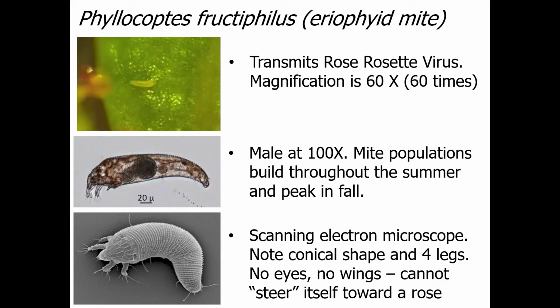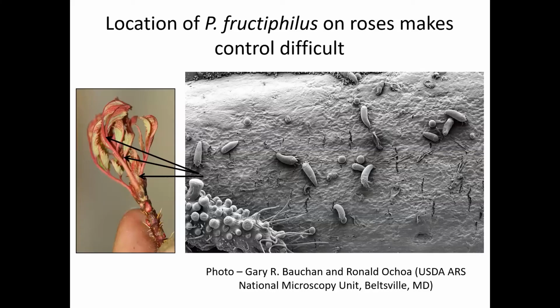Eriophyid mites do not have legs, they don't have eyes, and they don't have wings. We don't think that they can steer themselves to a rose, but it's possible that they might be able to orient themselves, but they really can't see, so we don't know what that really buys them. They're niche mites. They get down in nooks and crannies, and they're hard to get at with pesticides.